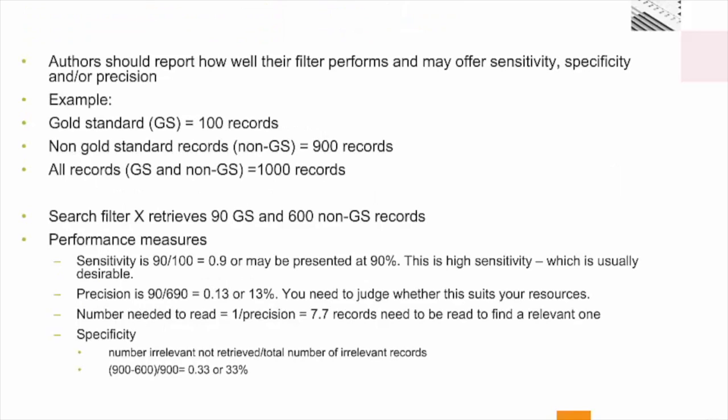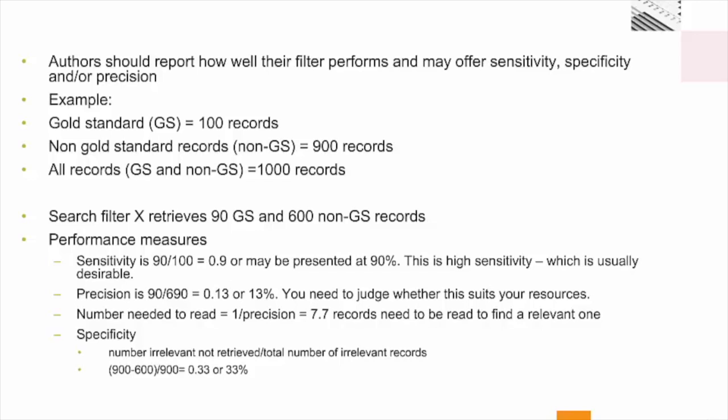Sorry, somebody's asking about 900. The example is a sort of providing you with a universe of records. So in this universe of records, there are 1,000 records, and 900 are not relevant and 100 are relevant. And then against that set of records, so this might be a subject search on breast cancer, we find 1,000 records.